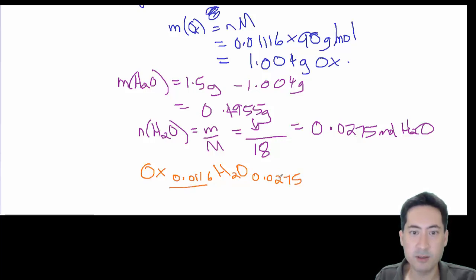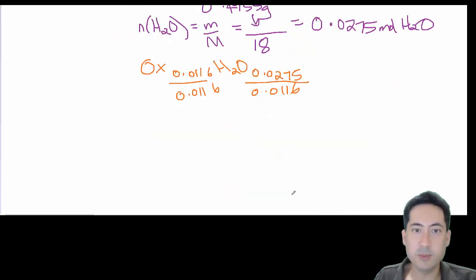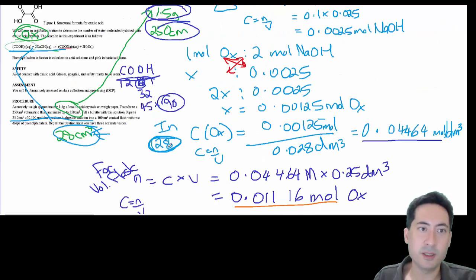So the smaller one is this, and so we divide both sides by 0.0116, and that gets us 2.4. I don't know if that's correct or not, but there we go. 2.4.